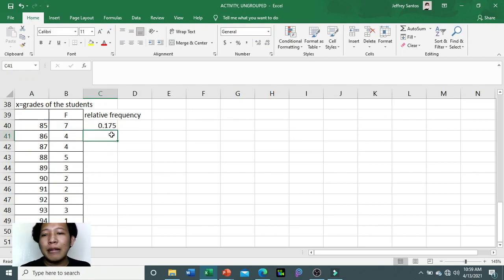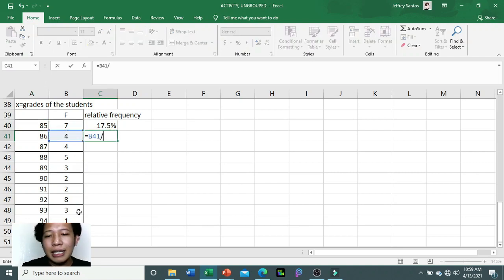And that would be 0.175, which when we make it a percent, that would be 17.5%. This connotes the probability of the students who have a grade of 85 out of 40 students.